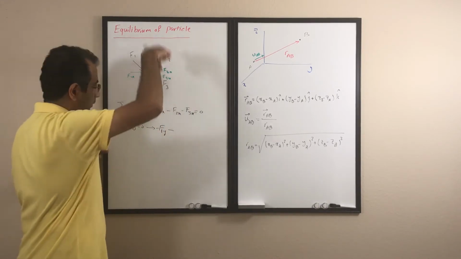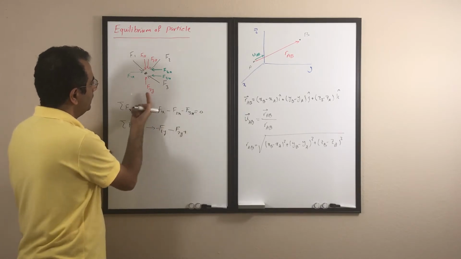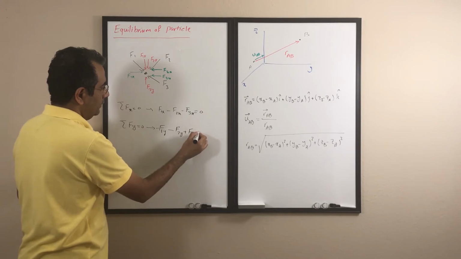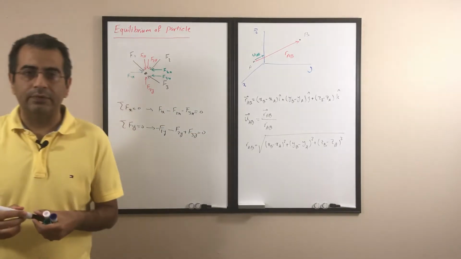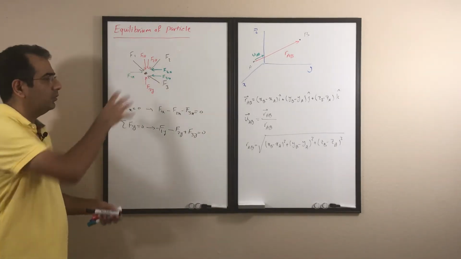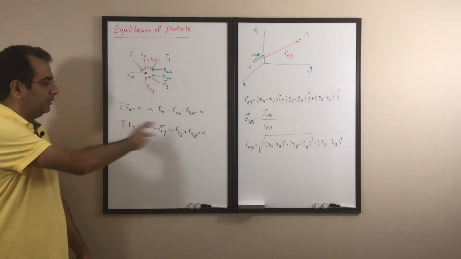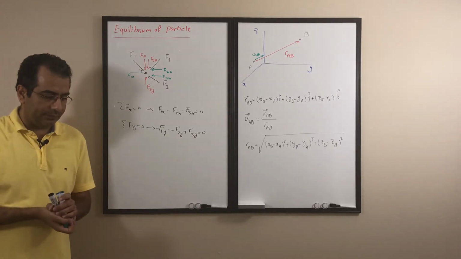Then I have f2y going downward, that one is also negative. And I have f3y going upwards, which is positive. So it's going to be f1y, f2y, f3y equal to 0. And then you can start to work with it. So every time we have a 2D problem, the very first thing you do is find the components in the x and y direction, and then add them in each axis together and work from there.